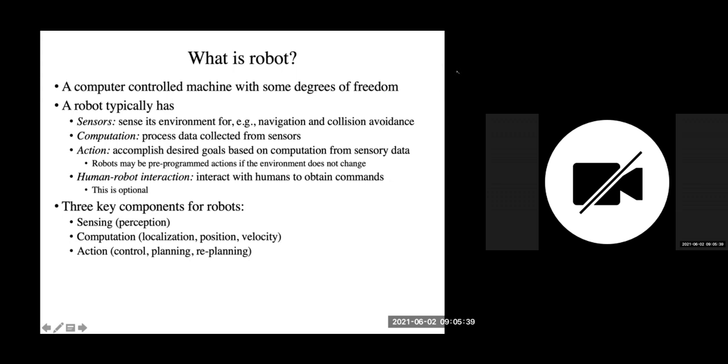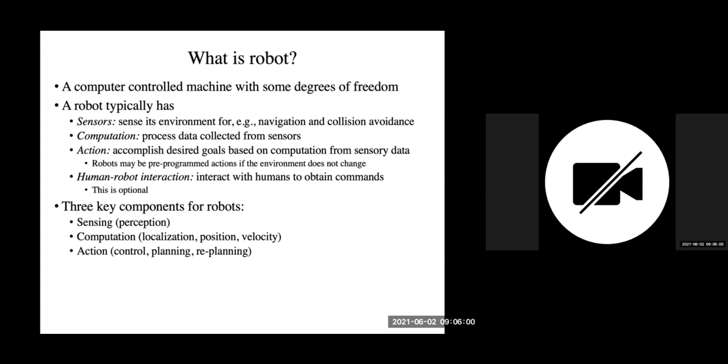In other words, sensors are actually static, and we normally don't consider them robotics. A typical robot will include sensors, computation, action, and human-robot interaction. Human-robot interaction is an optional component; you may not have that.